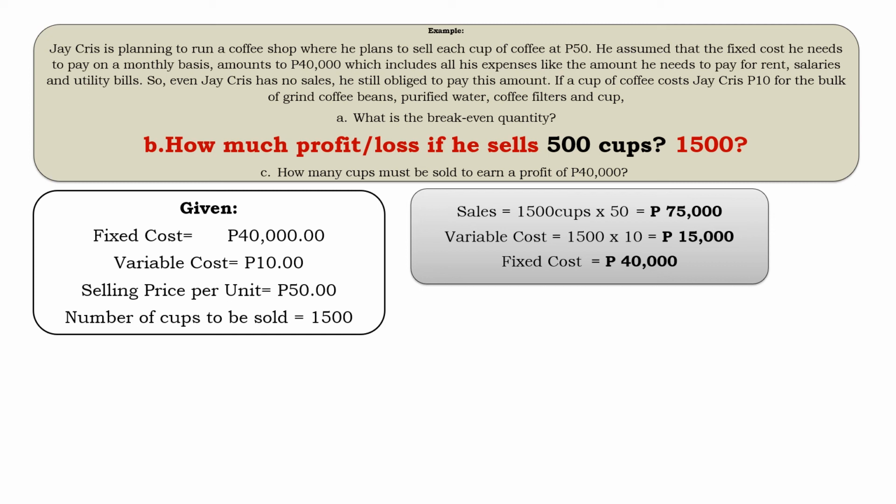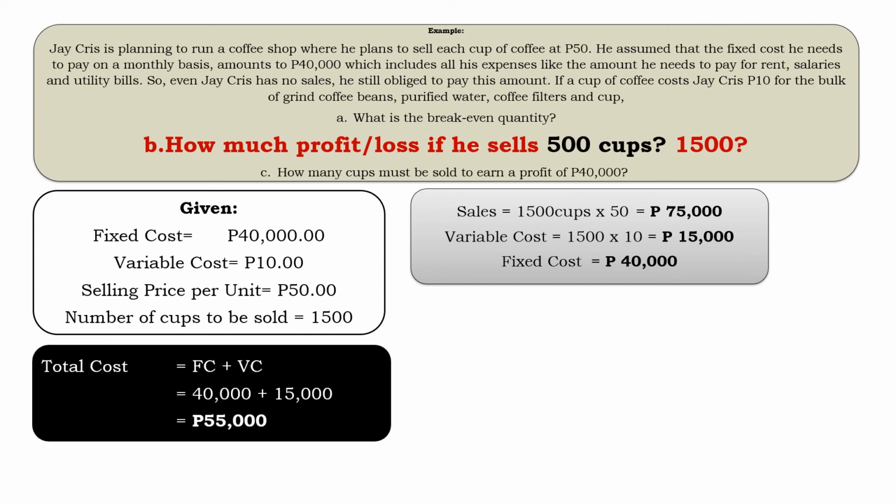Now let us proceed in computing our total cost. Total cost is equal to fixed cost plus variable cost. Fixed cost is 40,000 pesos and our variable cost is 15,000 pesos, a total of 55,000 pesos. Now let us proceed in computing the profit or loss.